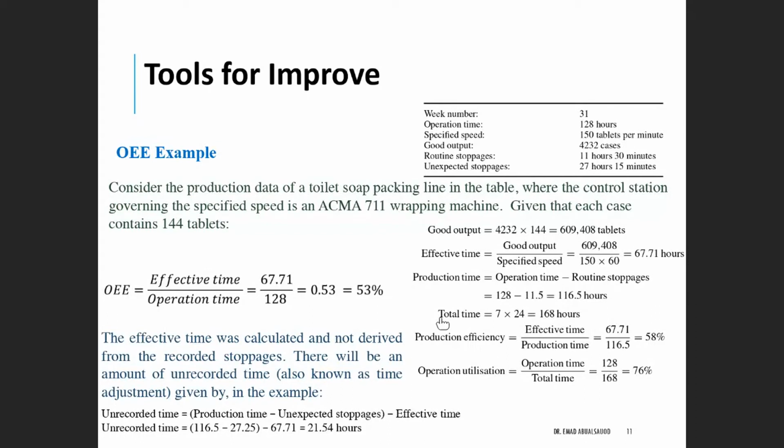Here, the total time is calculated, and the total time will give us a hint about what's happening. The total time in this factory or production line is 7 times 24, which is 168 hours. So it should be working 24/7.